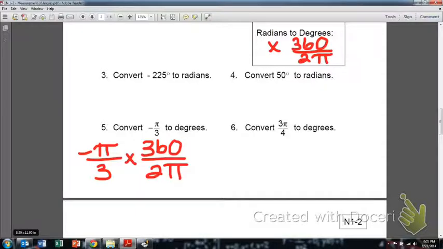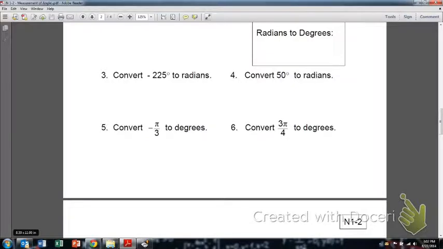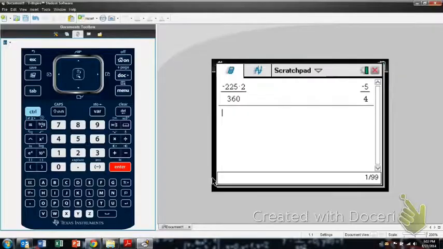So notice that the pi's cancel out, and that leaves an understood 1 on the top here. So on the top we're doing negative 1 times 360, and on the bottom we're doing 3 times 2. So in your calculator, what you can type in is negative 1/3 times 360 over 2.